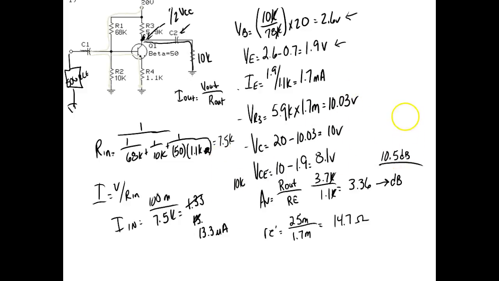I erased it. 3.7K. Okay, what do I need to do now? I know I got 100 millivolts in. I just made that up. How can I calculate V out?